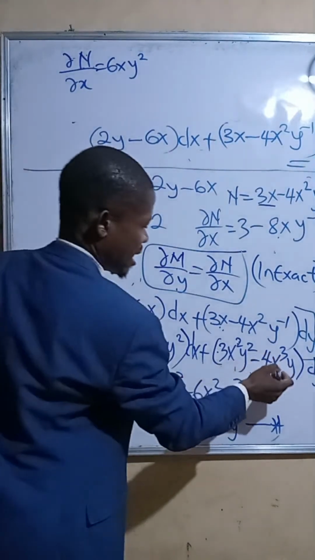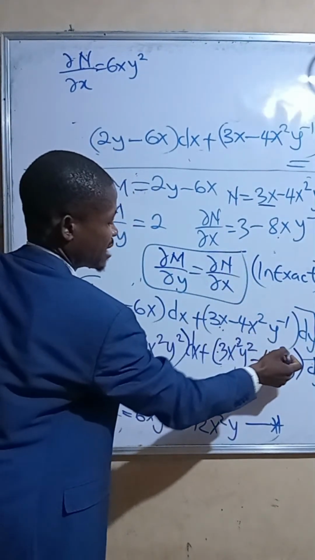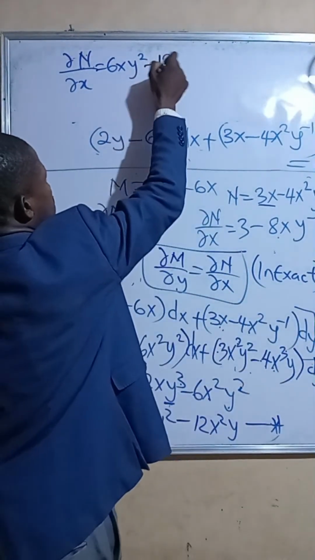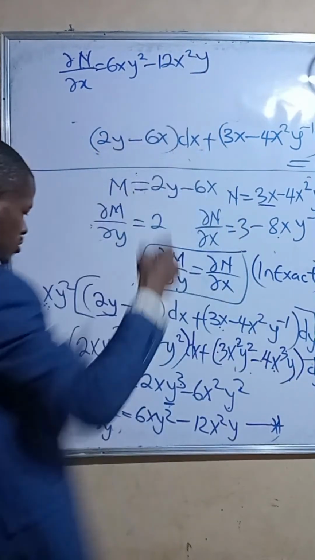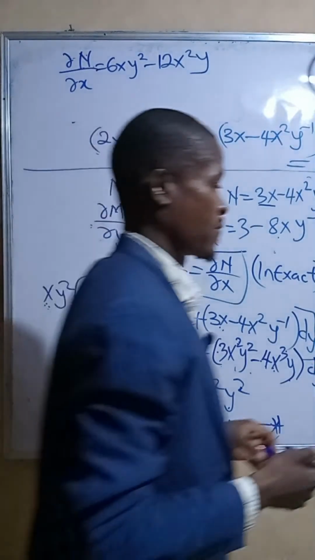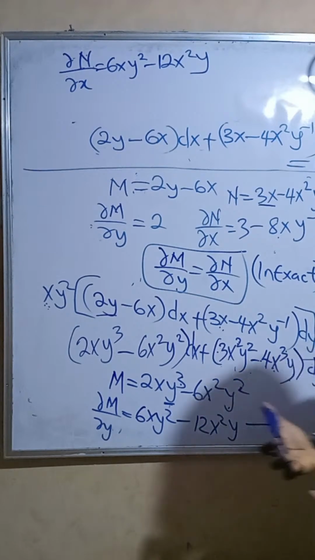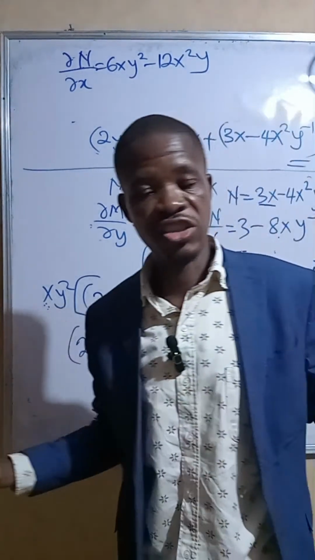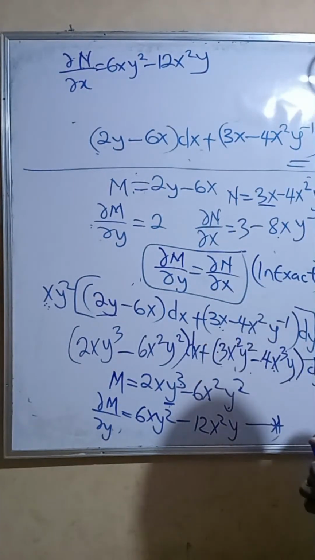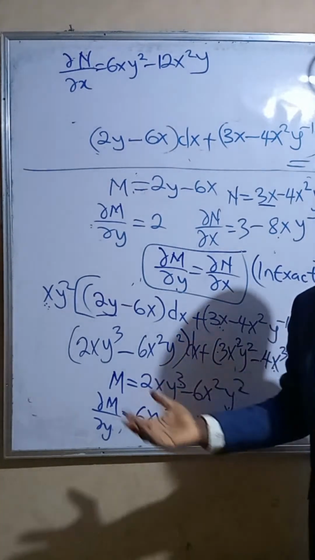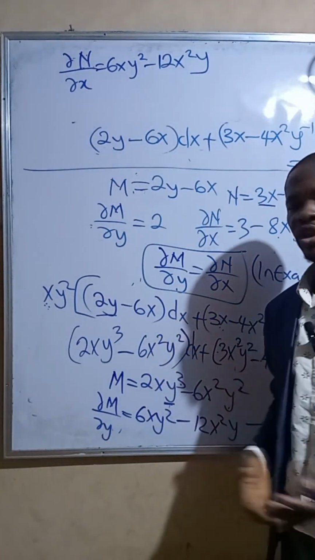And then s cubed is there, 4s cubed, so 3 times 4, that's minus 12s squared. Then you keep your y constant. So if you check, automatically it is exact. That is it. So once you use your integrating factor to multiply your differential equation, definitely it will be exact.